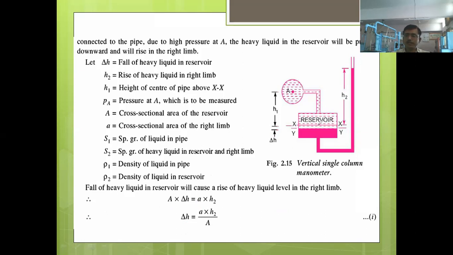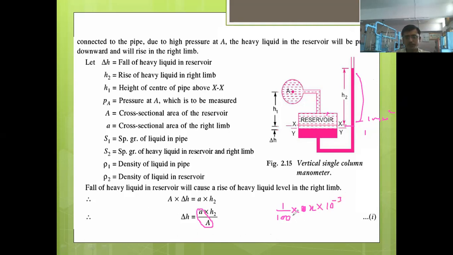See here, why we have found this delta H, I will tell here only. If you see this ratio a by A, this ratio is very small. Suppose the area here is 1 mm square, then the area of the reservoir will be 100 mm square. So 1 by 100, this value will be there. And this H2 value will be something in millimeter or centimeter. If it is in millimeter, then we can write something X into 10 to the power minus 3.